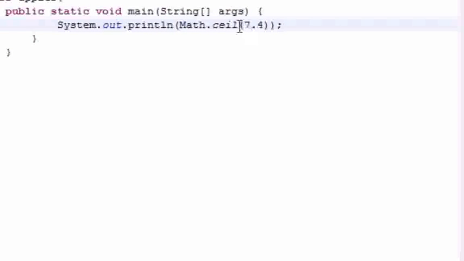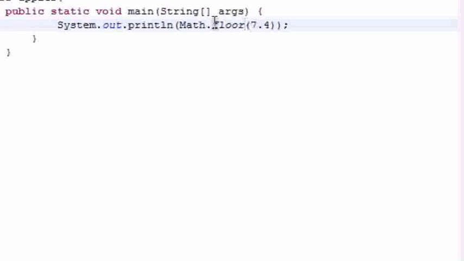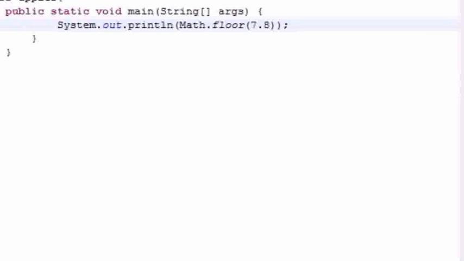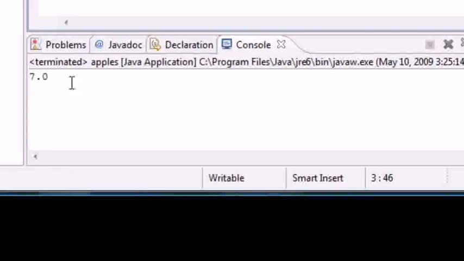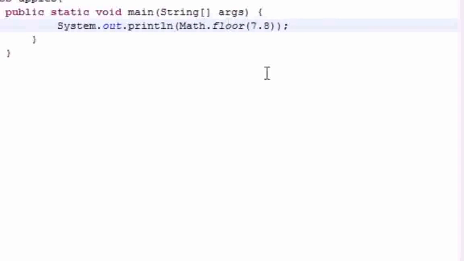Now since it has ceil, there's always something called floor. Again, this takes a number, say you have 7.8, it always rounds it down. So again, ceil always rounds up the number, floor always rounds down the number. So your floor, if you have 7.8, it's going to be 7.